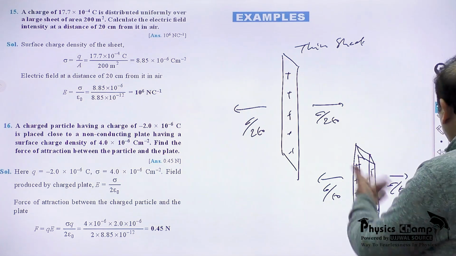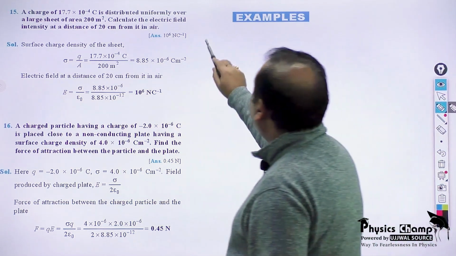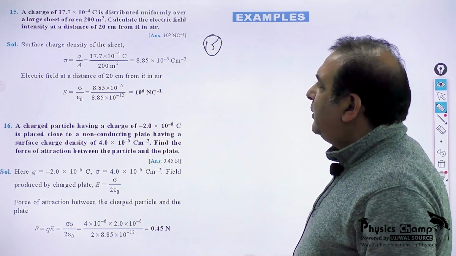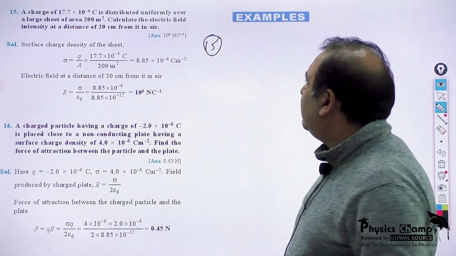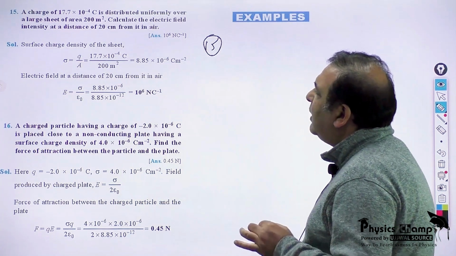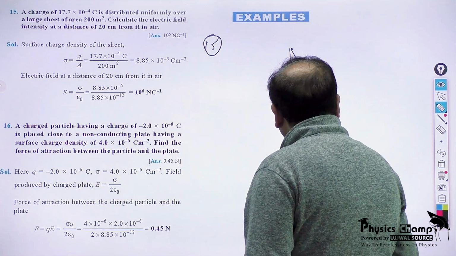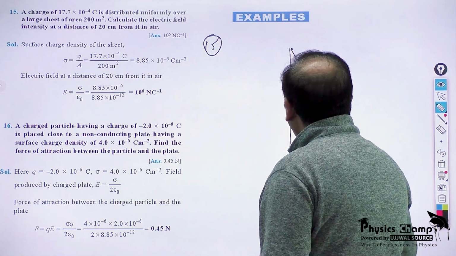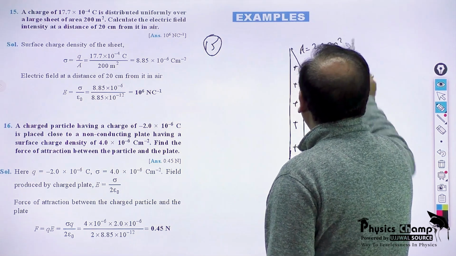So looking at this aspect, let's look at question number 15 here. There is a charge of 17.7 into 10 to the power minus 4 coulomb distributed uniformly over a large sheet of area 200 meters square. You have a large sheet here given, and this large sheet has an area of 200 meters square.